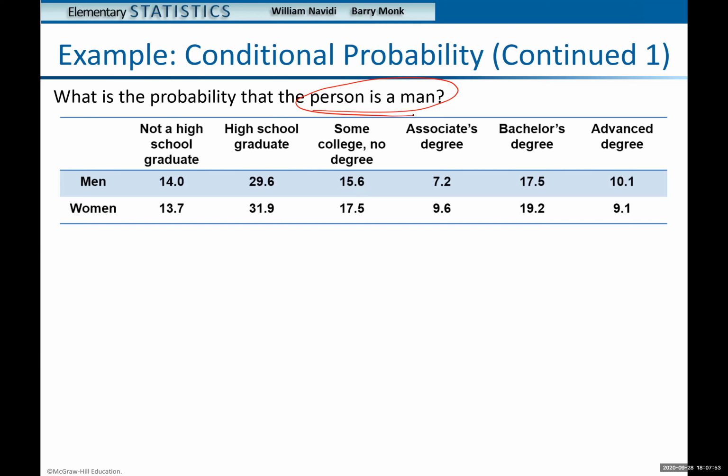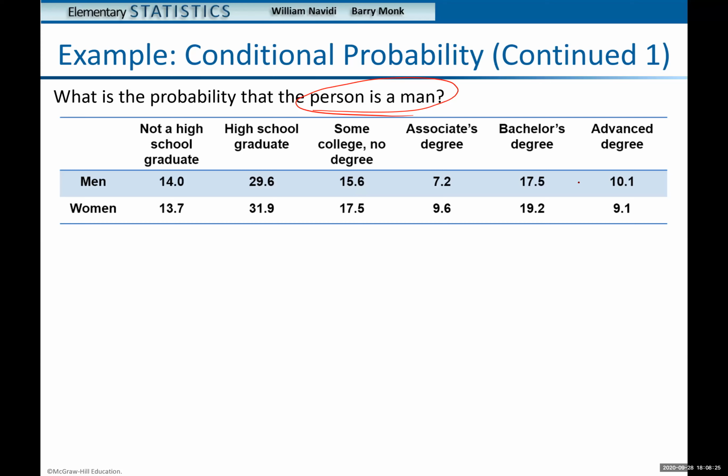Yes, that's correct. If you add all the men, that is 14.0 plus 29.6 plus 15.6 plus 7.2 plus 17.5 plus 10.1. What is the total number of men? 94.0.